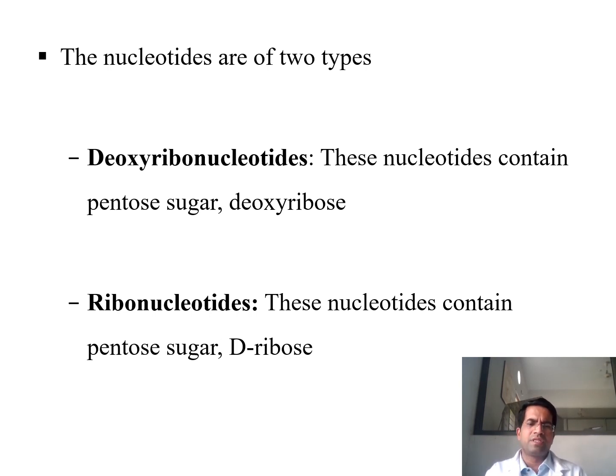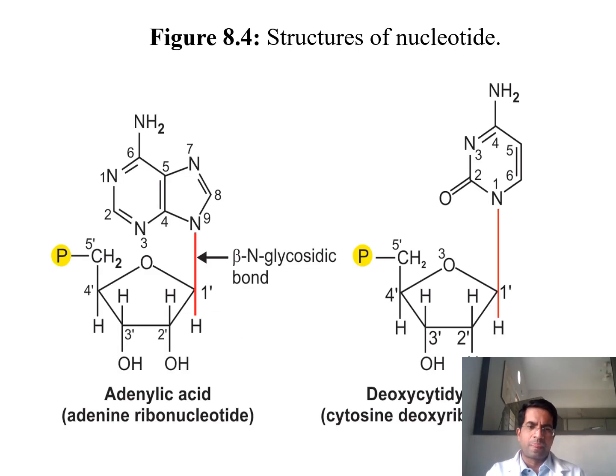The only difference between deoxyribonucleotide and ribonucleotide is the presence of the pentose sugar. That is, deoxyribose is present in deoxyribonucleotide and ribose is present in ribonucleotide. So this is the structure of a nucleotide.